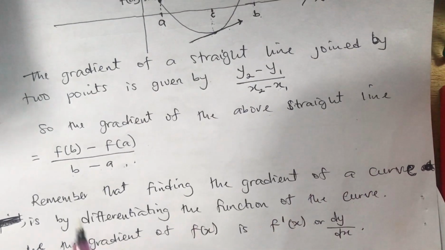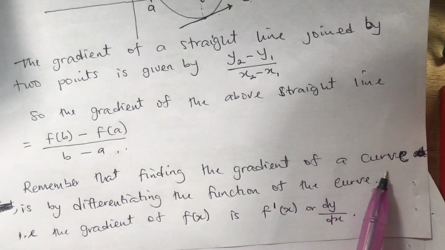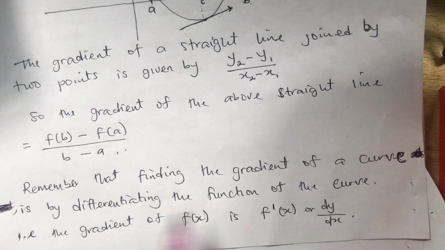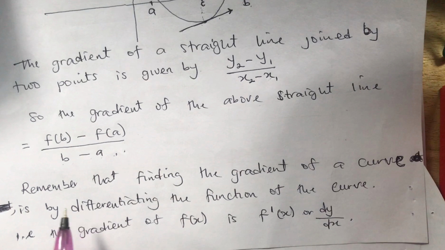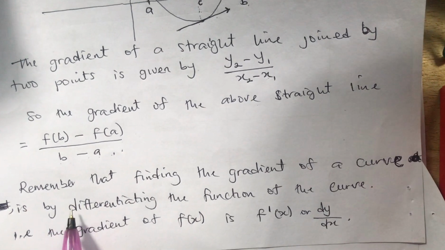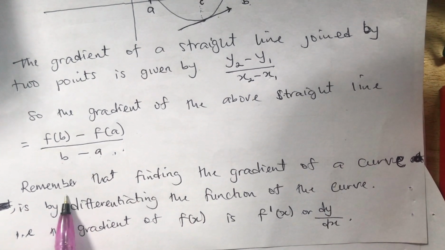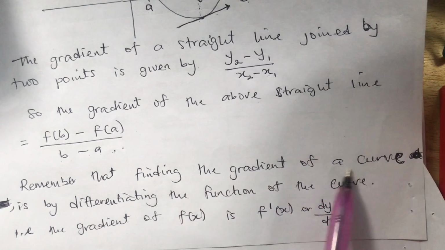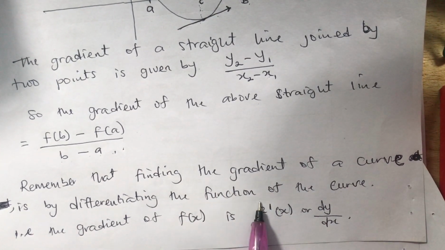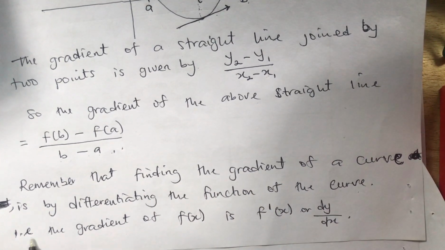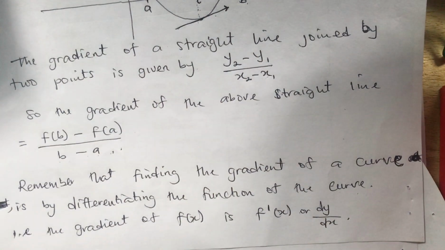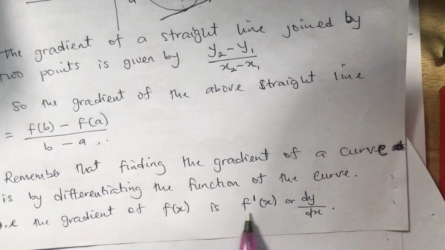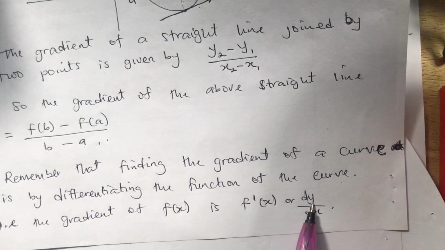So now we proceed. Remember that finding the gradient of a curve is by differentiating the function of the curve, as we have learned in the last video. So that is the gradient of f of x, which is this curve. The gradient of the curve at every point is f prime of x or dy dx.